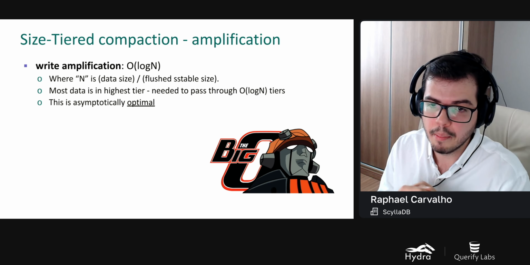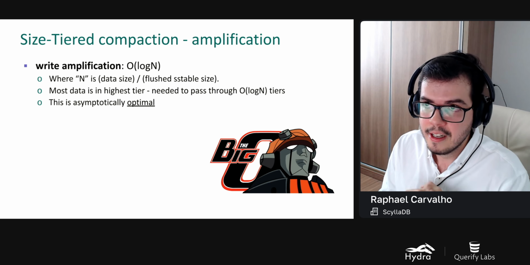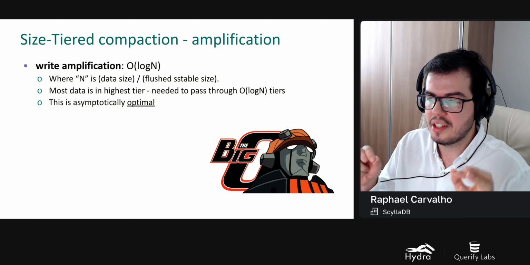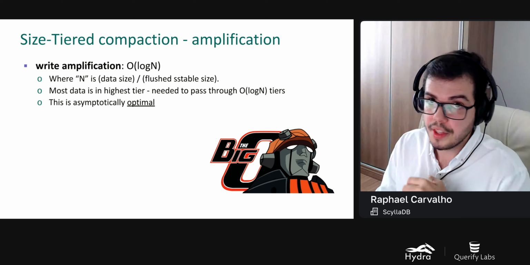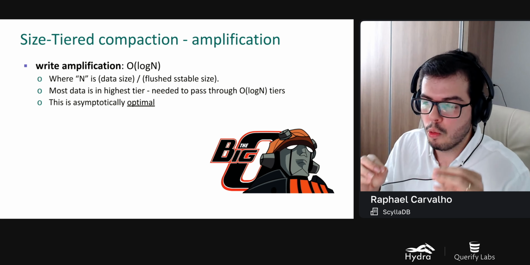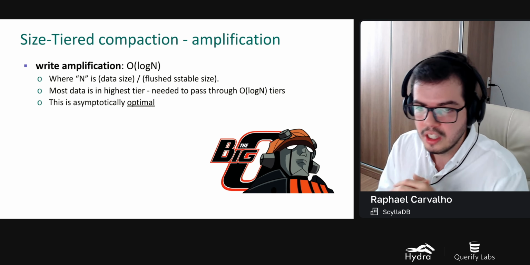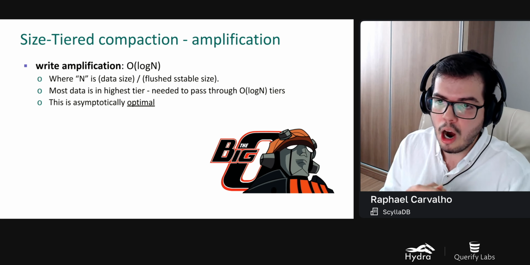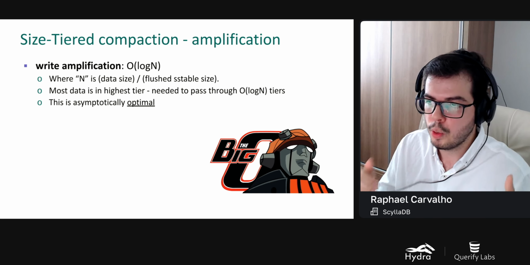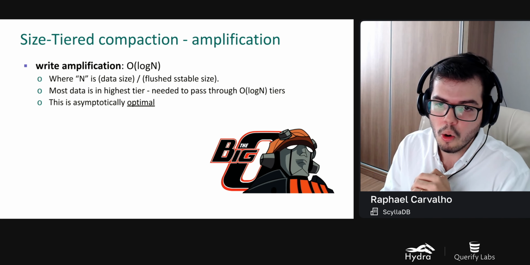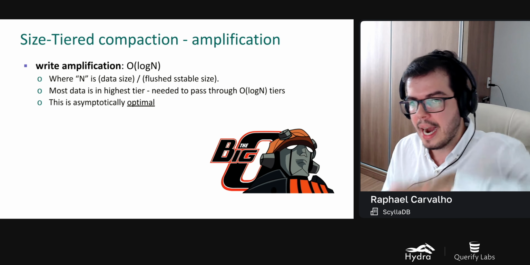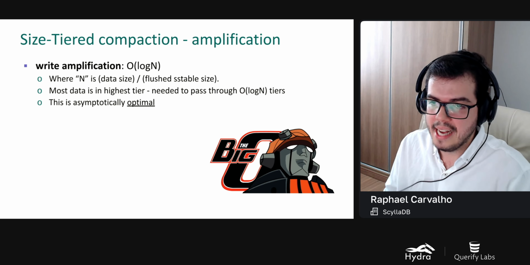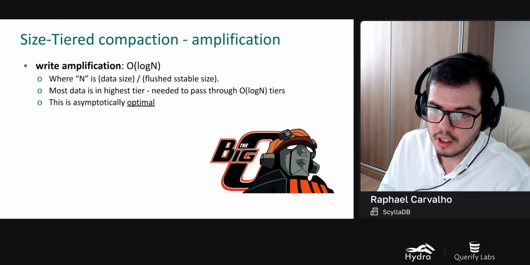That's why we say log n, because you take the data size and divide it by the size of the SSTable in level 0, which is where recently flushed SSTables sit, and then we can calculate how many tiers the LSM-tree layout is going to have. So given that most data is in the highest tier, we can say that the data only has to pass through a couple of tiers.